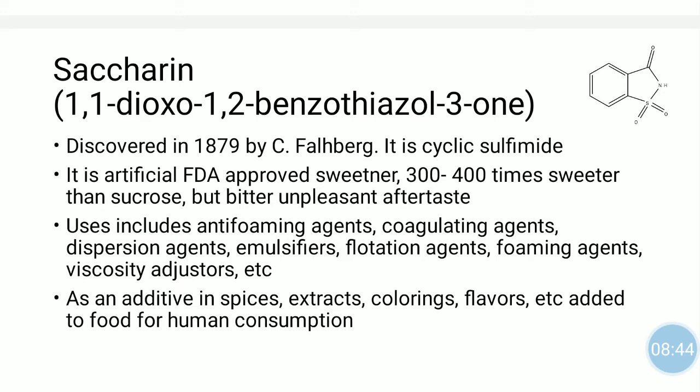These are some of the pharmaceutical uses of saccharin. It is also used as an additive in spices, extracts, colorings, flavors, etc., and is added to food for human consumption. So these are some of the uses and the structure of saccharin. It is quite simple.